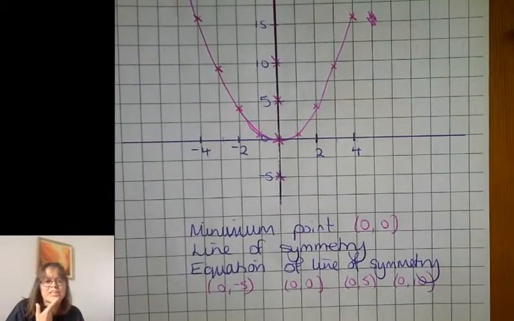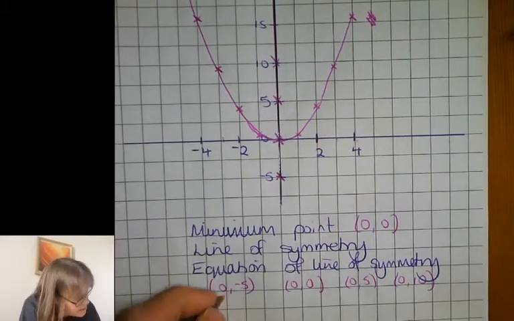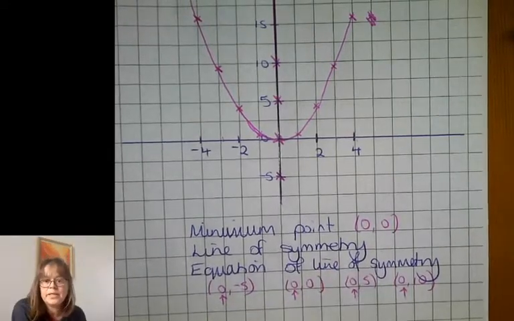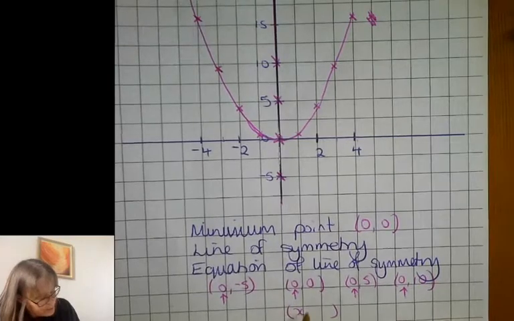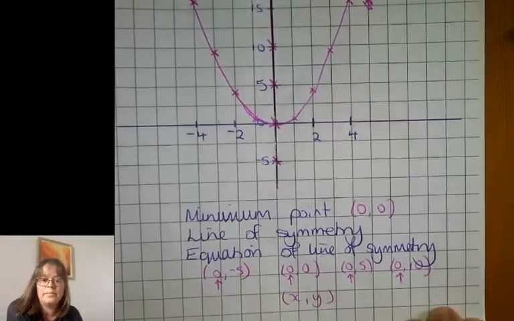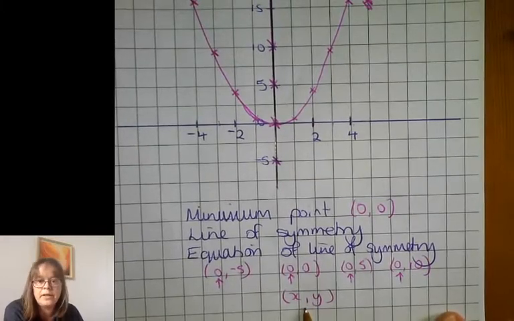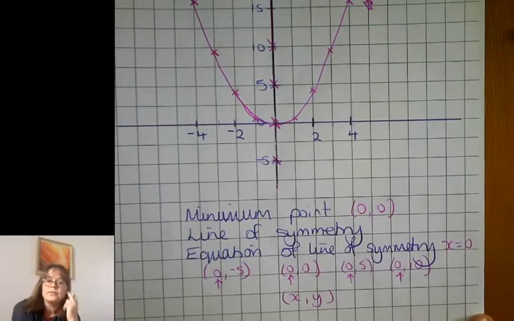Then you look at those coordinates and think, what was special about all those coordinates I just wrote down? Here's what they've all got in common. That first number is always a 0. When I plot a coordinate, remember I plot the x number and then the y number, and all those coordinates had an x number that was 0. So the equation of that line is x equals 0.